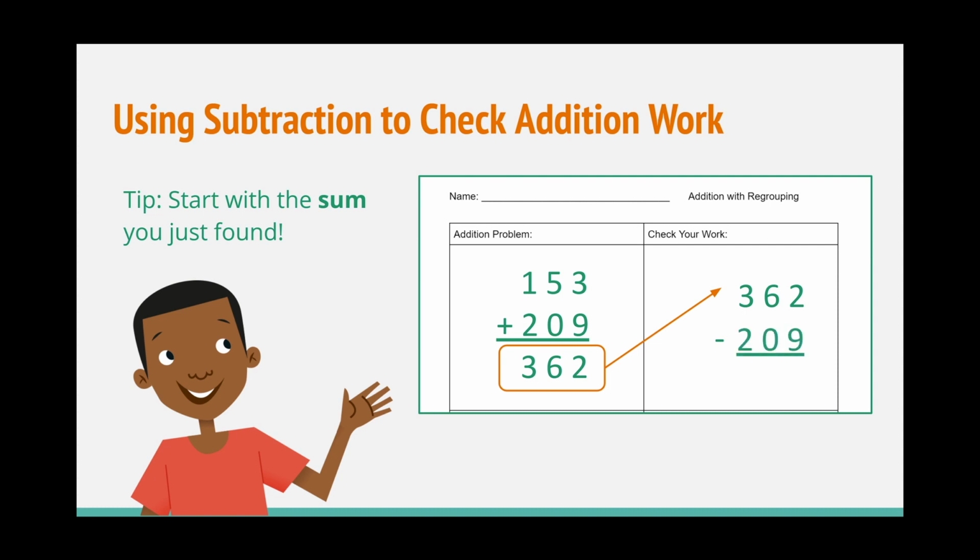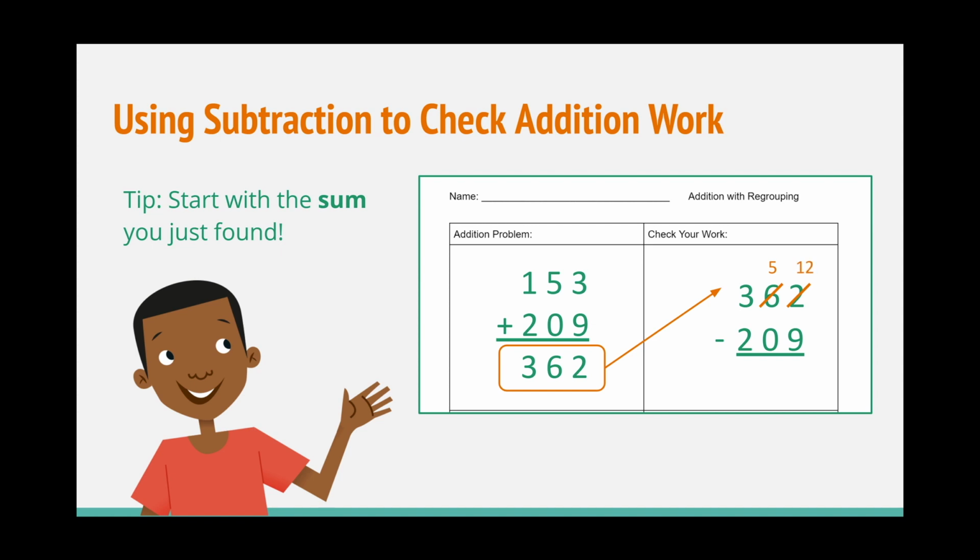I chose 209. I'm going to subtract 2 minus 9. If I have 2 ones, I can't take away 9, so I need to regroup. So I'm going to go next door to the 6 and borrow 10. The 6 becomes a 5, and this 2 becomes a 12.